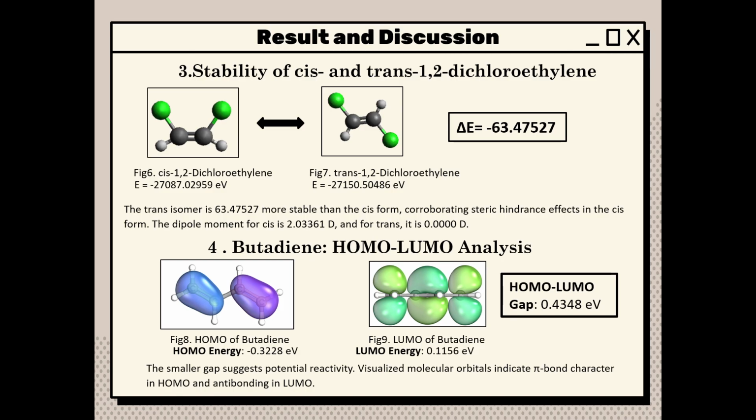The dipole moments were 2.03361 Debye for cis and 0 Debye for trans, highlighting the symmetry in the trans isomer. These findings demonstrate the significant impact of the molecular geometry on stability.